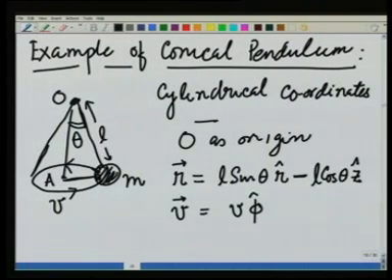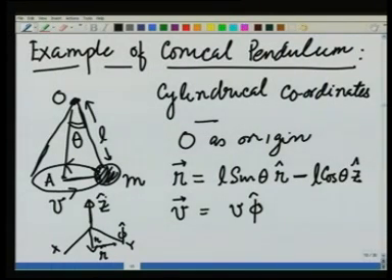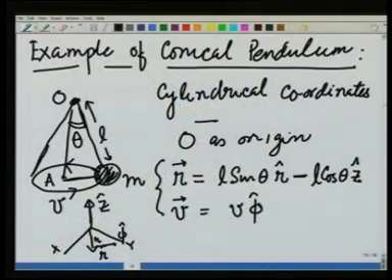Those of you who have forgotten, let me remind you, for a given origin, the distance in the plane of x and y is given as r, then this is the r unit vector, the vector perpendicular to this is the phi vector, and vector z is your z vector. So, in the xy plane I am using planar polar coordinates, and the z unit vector is the z unit vector. So, these are given as r and v, and now let us calculate the angular momentum for the conical pendulum.